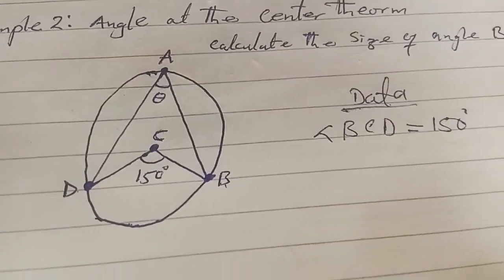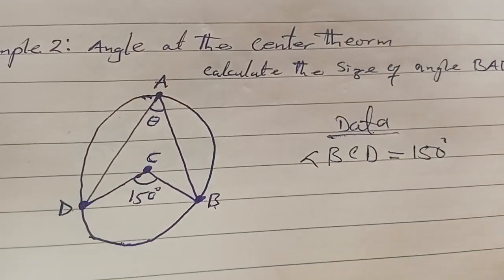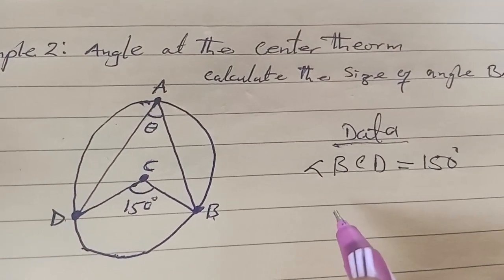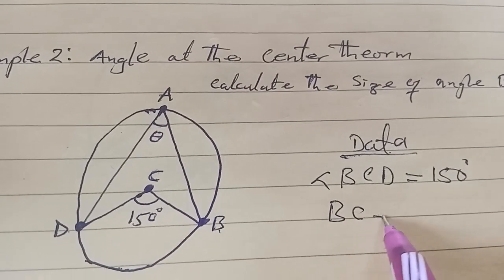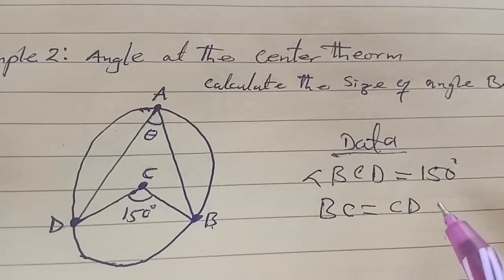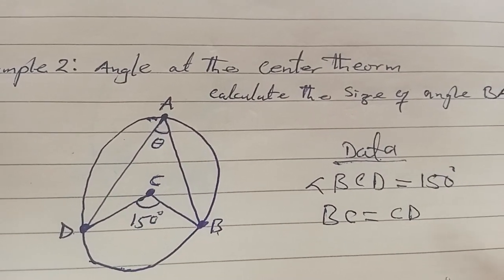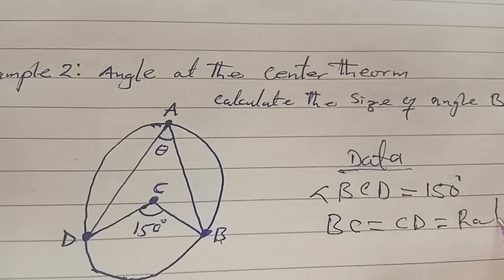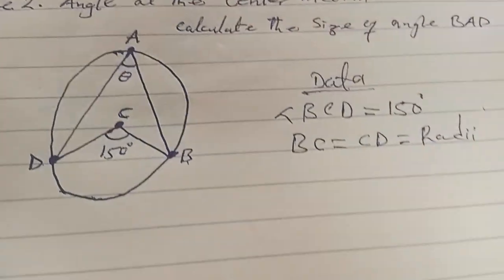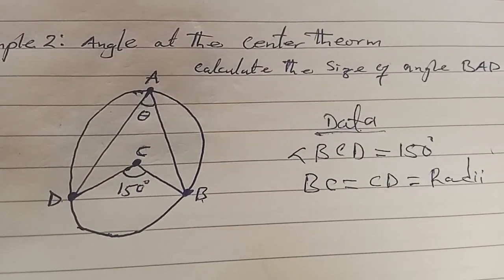So we can say BC is equal to CD. If BC is equal to CD, then that just means they are the radius, both of them, right? Now, with that knowledge, we can go forward.